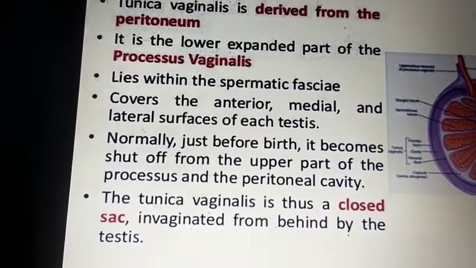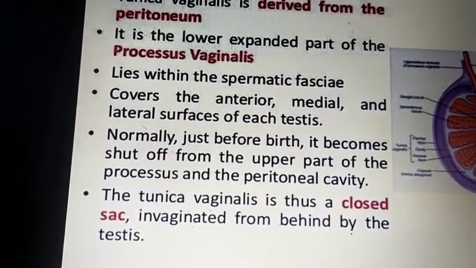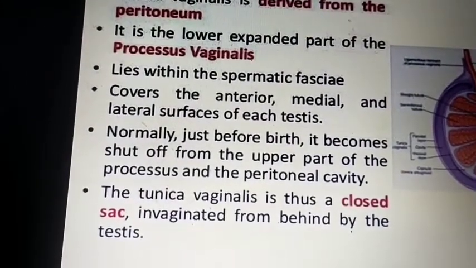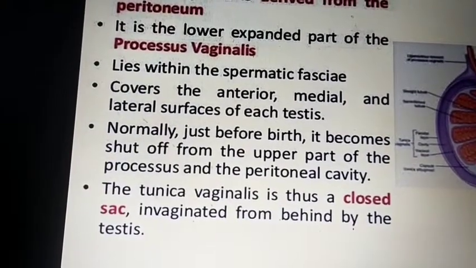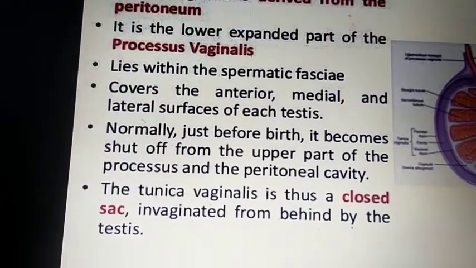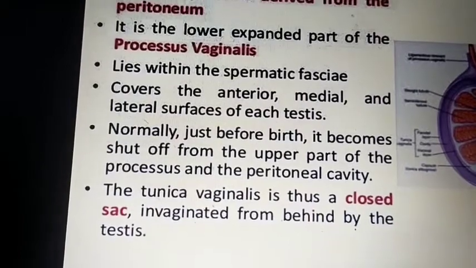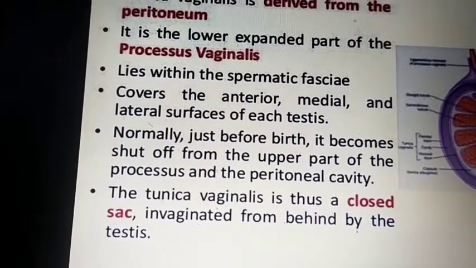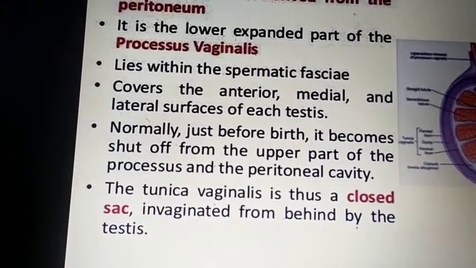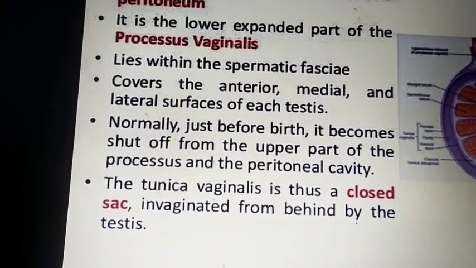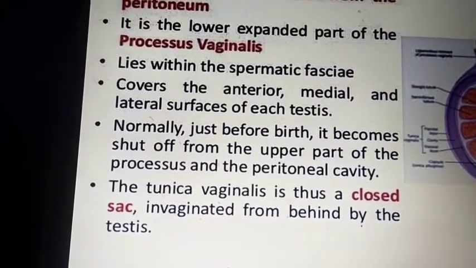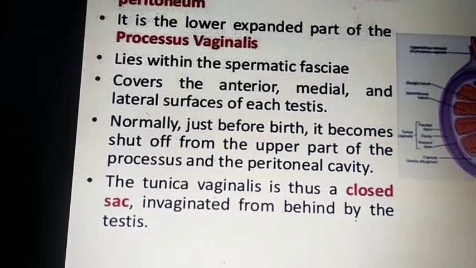The parietal layer and visceral layer of the peritoneum form the parietal external layer of the tunica vaginalis, and the visceral layer is the internal layer of the tunica vaginalis.